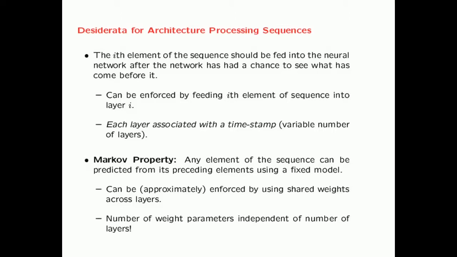So what are the desiderata for architectures processing sequences? First is that the architecture should have some kind of awareness that the successive elements of the sequence are dependent on one another in some way. So you don't want an architecture which has to learn that from scratch, where you're not telling the architecture that, hey, element x2 follows just after element x1.